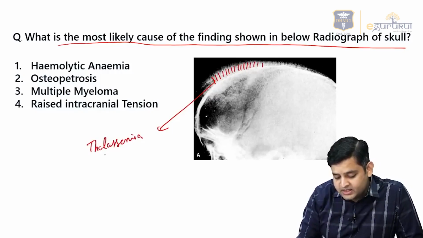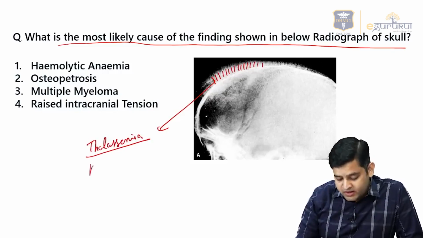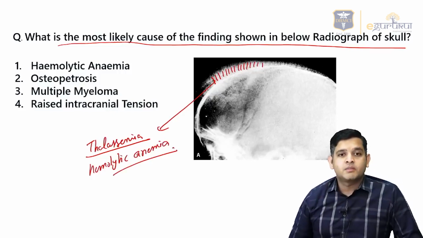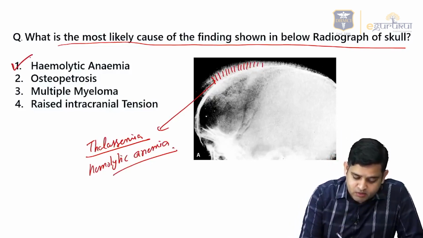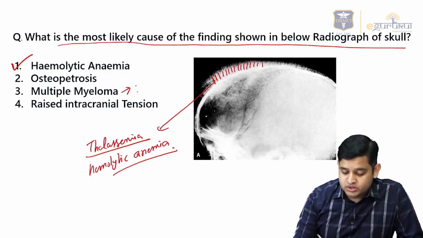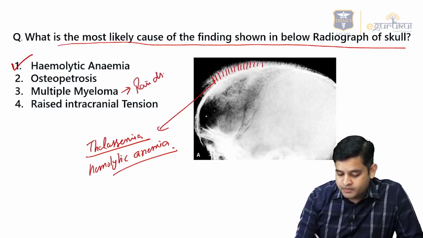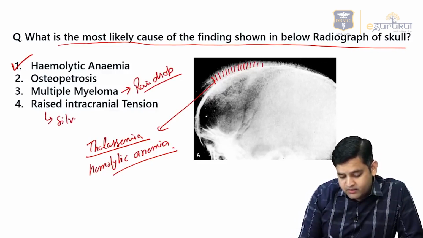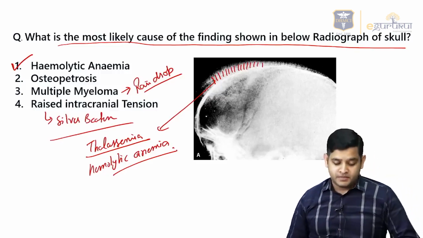So look for thalassemia. If thalassemia is not given in the choice, look for hemolytic anemia. So this is hemolytic anemia. Multiple myeloma shows raindrop appearance. Raised intracranial tension shows silver beaten appearance.